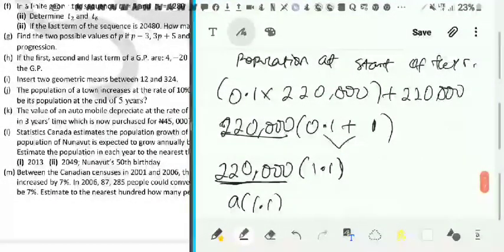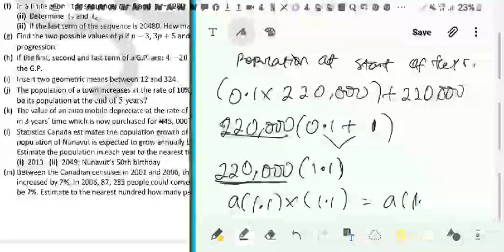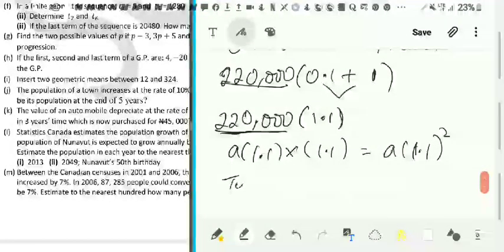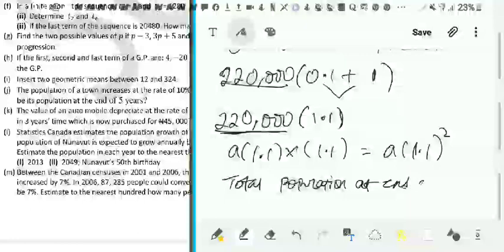If you substitute 200,000 from the previous question times 1.1, you get 220,000. So this can be written as A open bracket 1.1 times 1.1, giving me A open bracket 1.1 all squared. So this is the total population at the end of year 2.